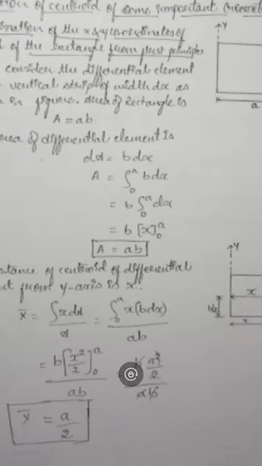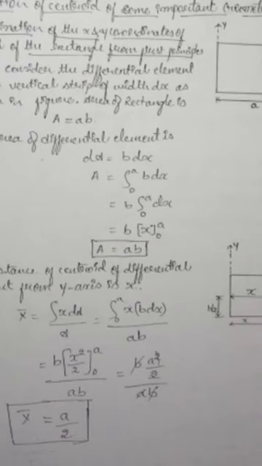Okay, so next, the denominator ab is a constant, you remove it outside. In the numerator, x and dx are the variables you have to integrate. b is a constant, you remove it outside. So b divided by ab will be outside, and if you integrate x with respect to dx, you will get x square divided by 2, with the limiting value of 0 to a.